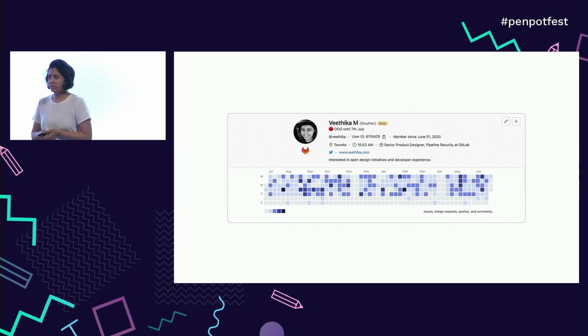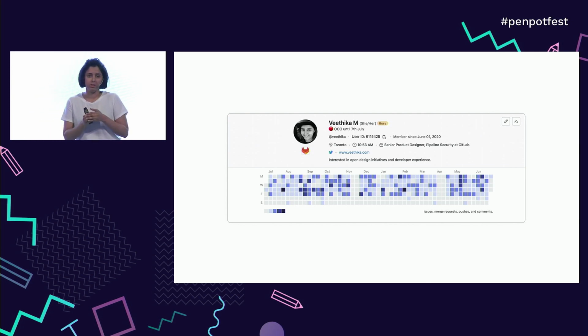And it has been 6 years. I'm very intentional about only associating myself with institutions, organizations, initiatives that are open in nature. And today, I'm this person who's out of office until the 7th of July and is a senior product designer with the pipeline security team at GitLab.